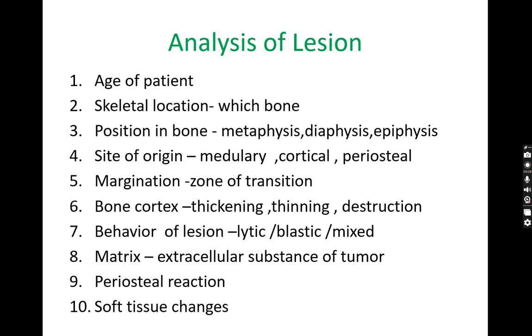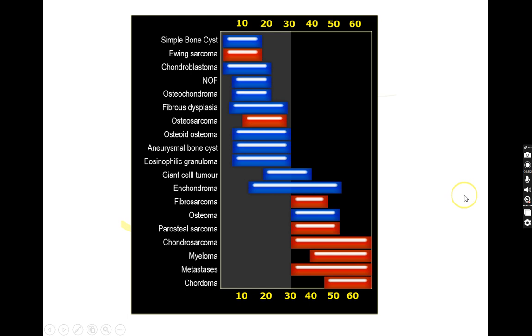Then whether the cortex is thickened, thinned out or restricted. Then the behavior of the lesion, whether lytic, blastic, or mixed. Then matrix: based on the radiograph findings we can predict the extracellular substance of the tumor. Ninth is the periosteal reaction type, and last is the soft tissue changes. We will see them one by one in detail.